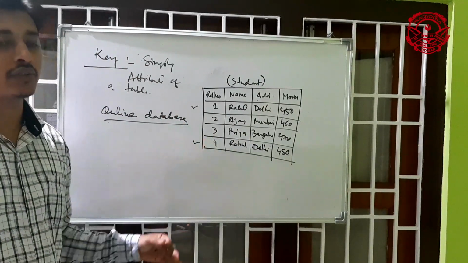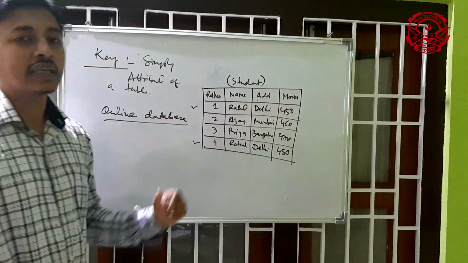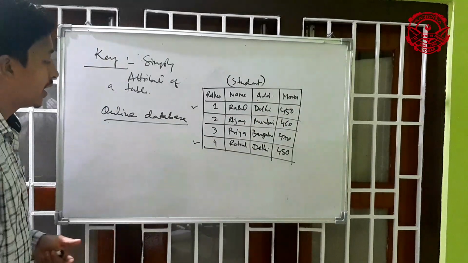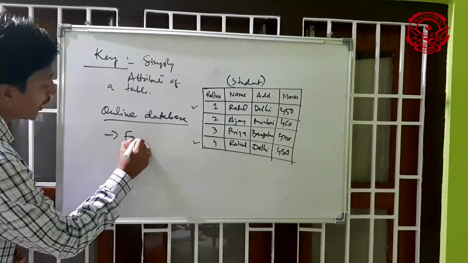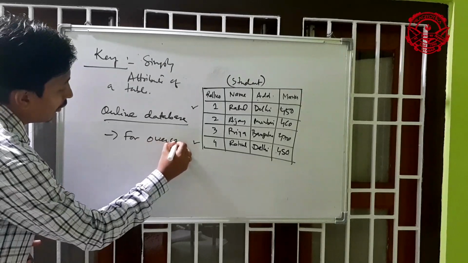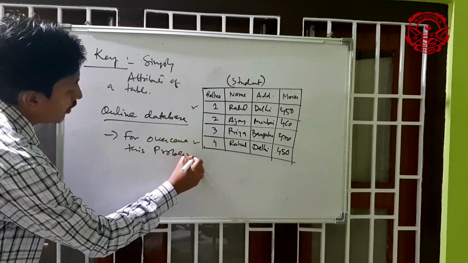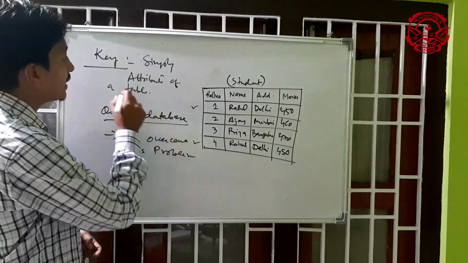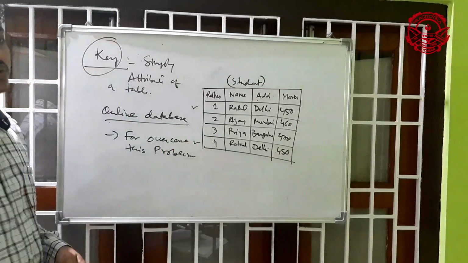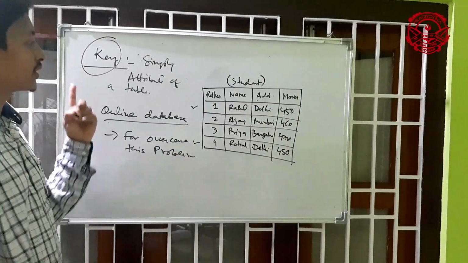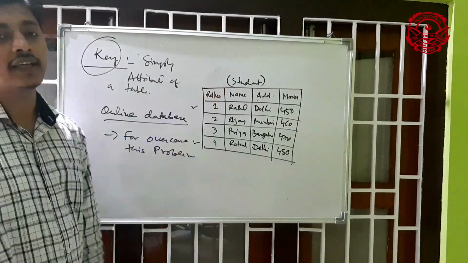To overcome this problem, we need to use a key. So the key is very important in any table.